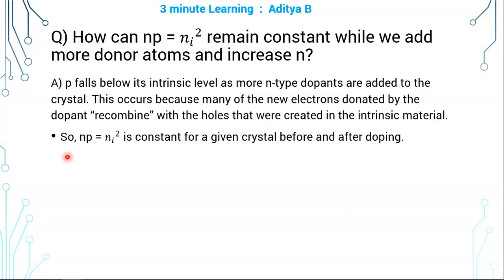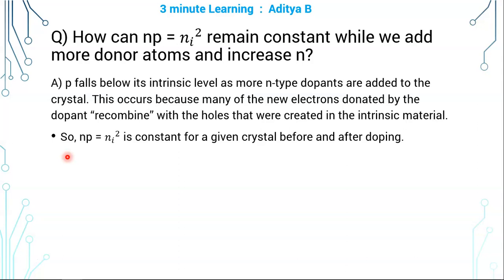If you add x donor atoms, then you will be getting x free electrons. But out of these x free electrons, some part will be recombining with the already existing holes. So we can say that the number of holes decrease after doping.